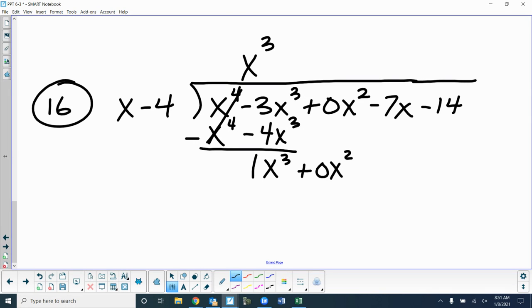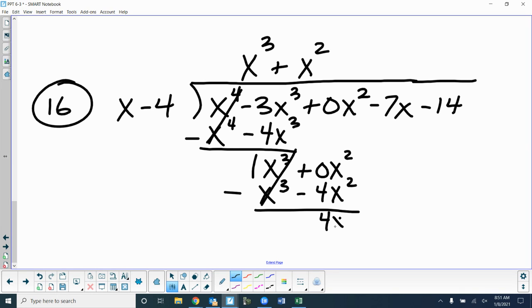So 1x cubed divided by 1x is 1x squared, right? X squared times x is x cubed. X squared times negative 4 is a negative 4x squared. Subtract, those cancel. Minus a negative again. So that's 0 plus 4, which is 4. Bring down the minus 7.